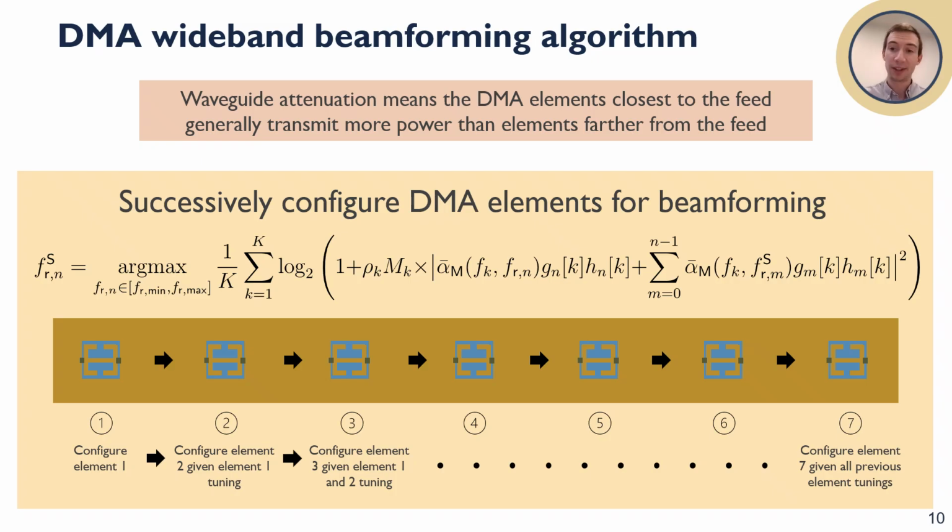This works not only to leverage the waveguide attenuation and the higher amplitude weights, but it also allows the algorithm to adjust to previous configurations, because all the elements further down are affected by that configuration. So it helps to jointly configure all of the elements together based on each other's configurations too, which will help in adapting to the complicated wireless environments in multipath.